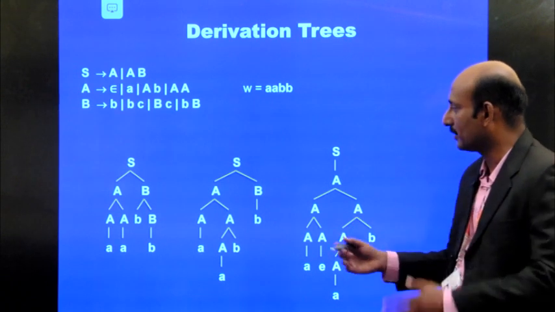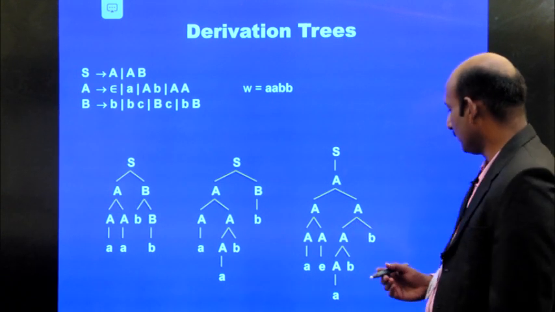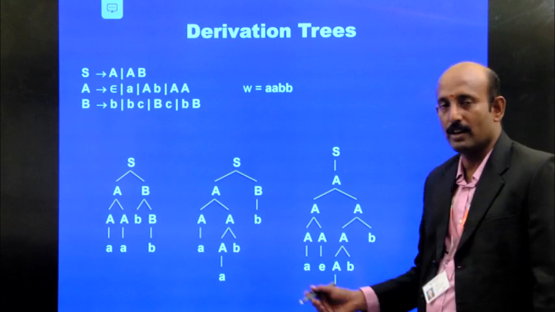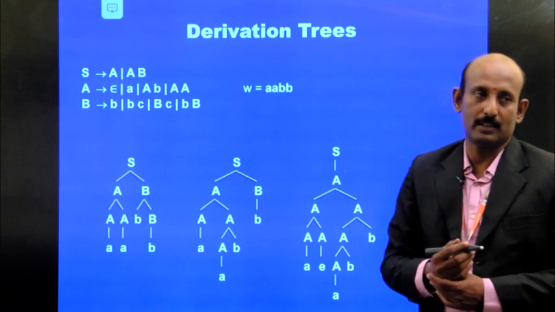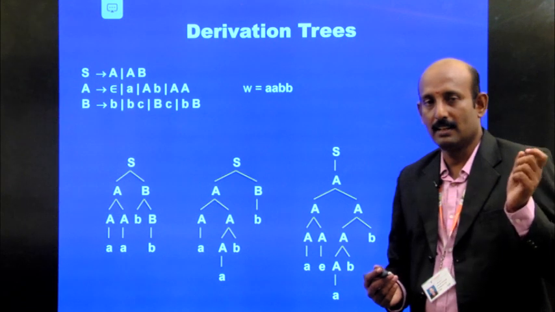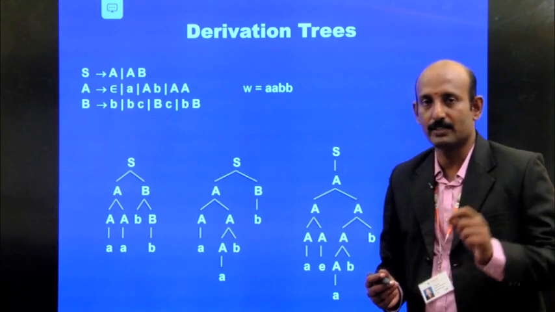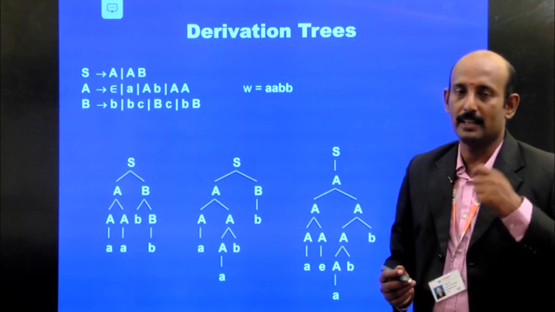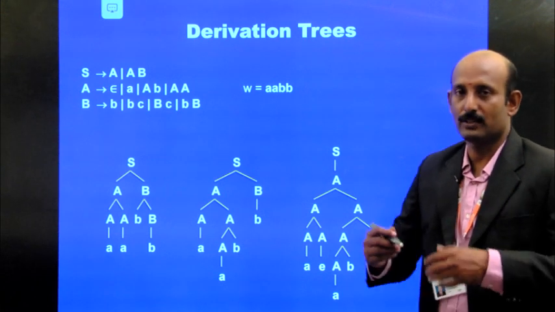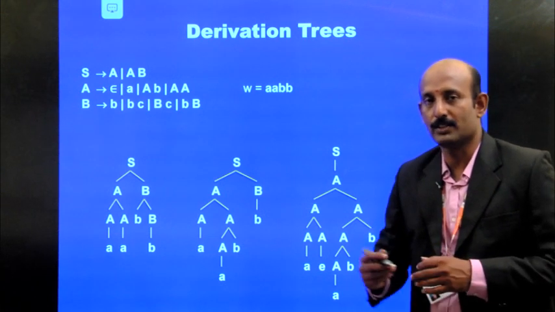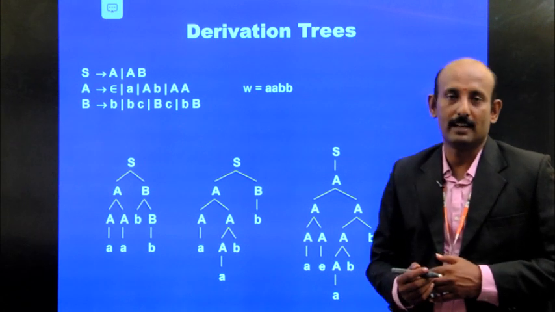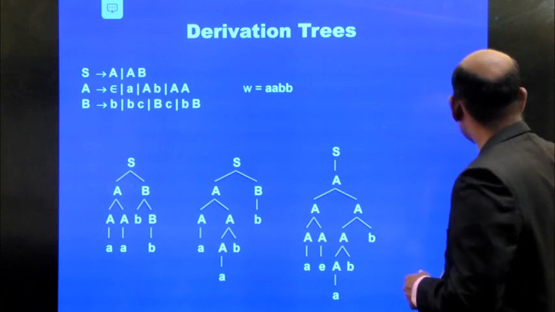So we can replace the leftmost non-terminal or the rightmost non-terminal. If the question asks for leftmost derivation, we always have to replace the leftmost non-terminal. Where the question asks for rightmost derivation, we always have to replace the rightmost non-terminal.